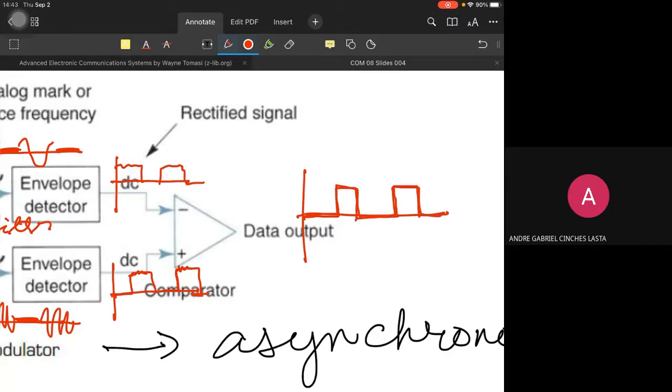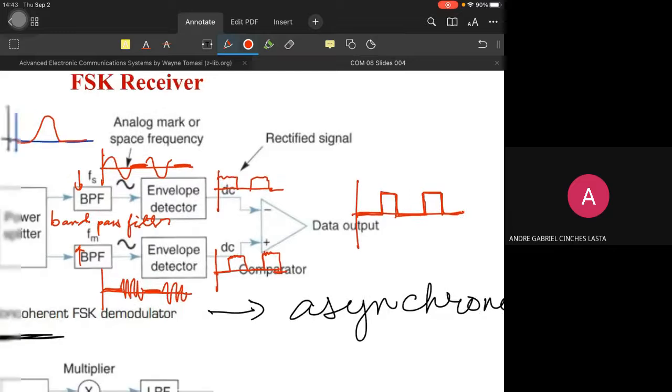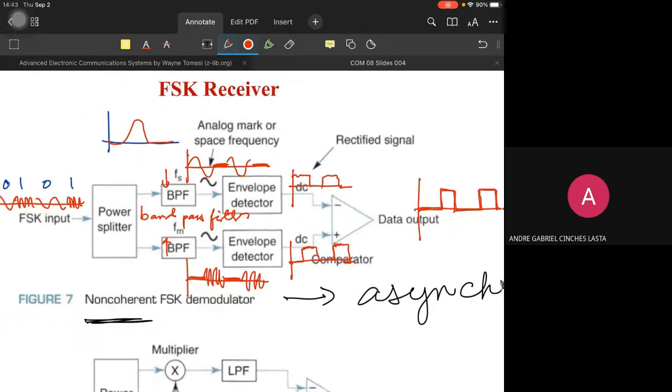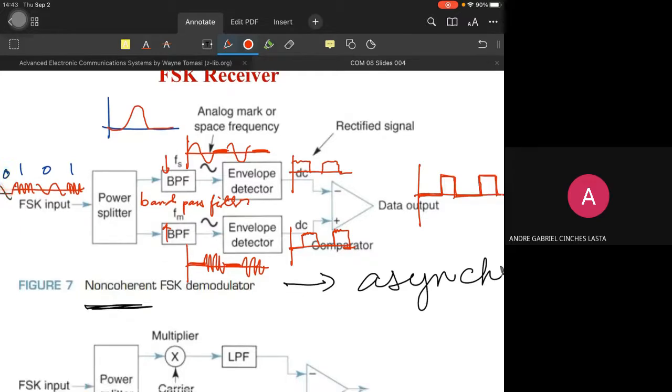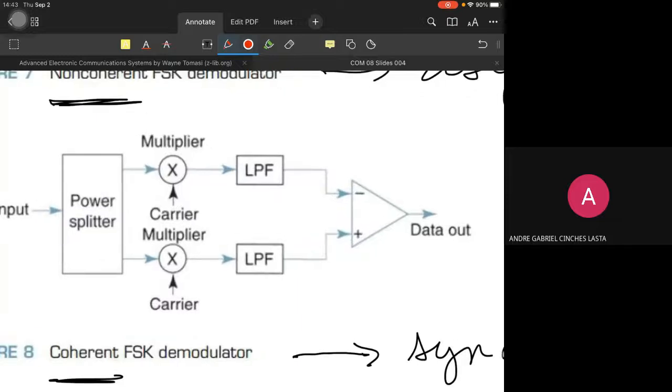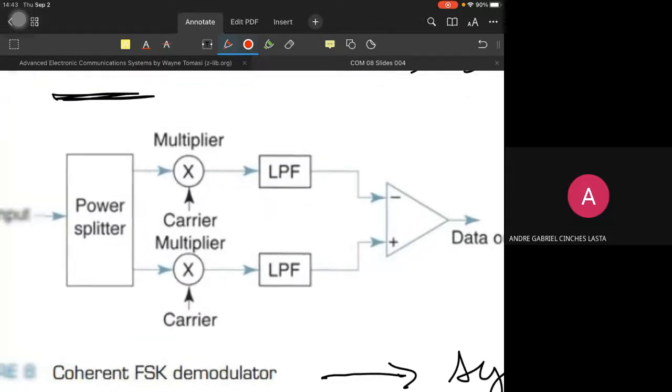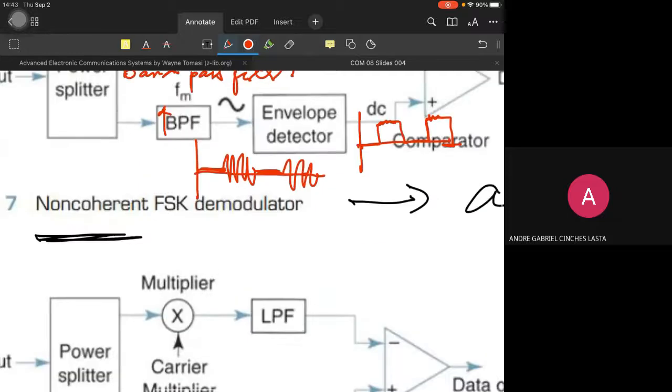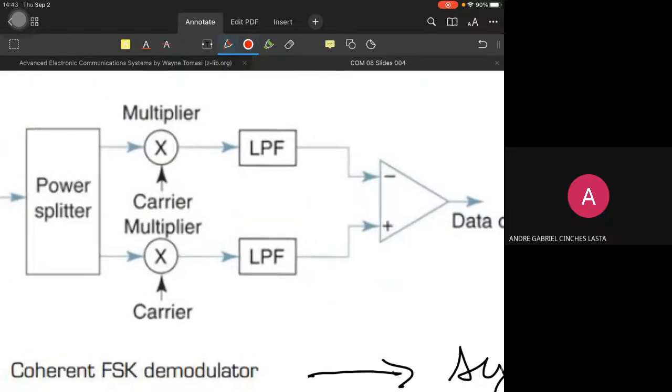Okay? So, yan ang process for non-coherent FSK demodulator. And the same nagyapon for coherent, except that instead of using bandpass filter and envelope detector, mag-use siya low pass filter and modulator.